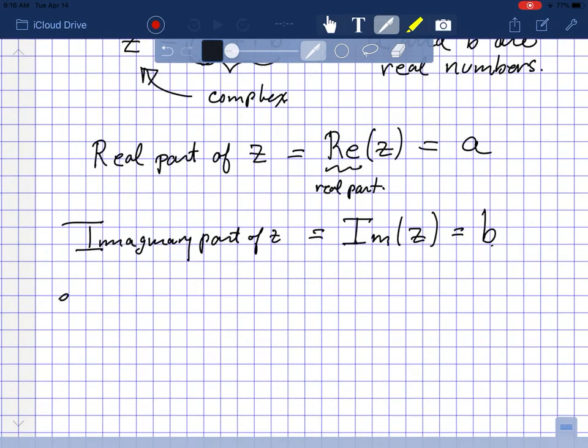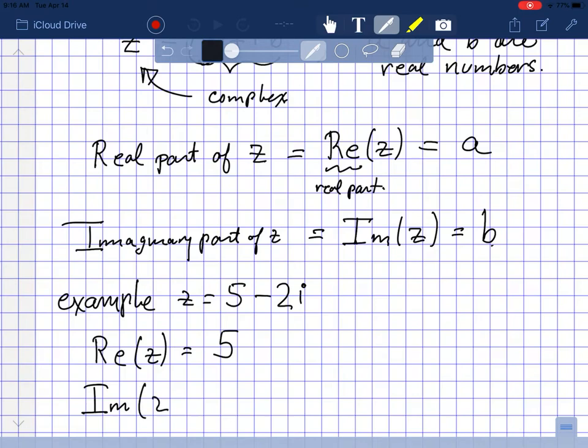So as an example, we might have something like 5 minus 2i. Okay, so this is my complex number z. And I want to look at the real part of z. This is equal to 5. And I want to look at the imaginary part of z. And this is equal to negative 2.